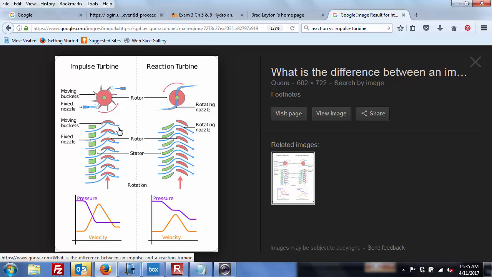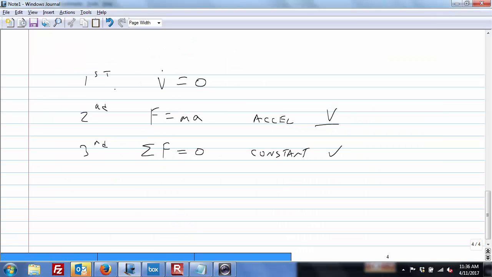The rotating nozzle itself is moving in the case of the reaction turbine. So there's kind of your equal and opposite. So the water's going through this steady stream versus this sort of bouncing mechanism. That's the difference. Yeah, that's not my favorite question, but got to do something with it.